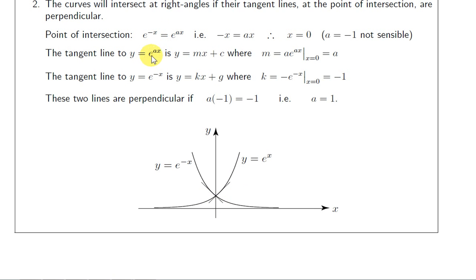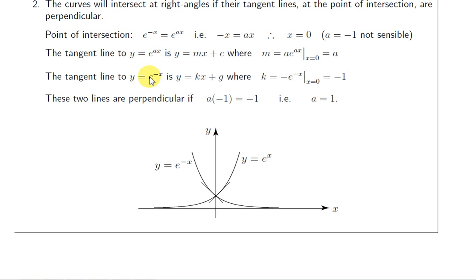To do that, we need to differentiate it. So we just use the chain rule. If we differentiate e to the power of something, we get e to something back, then multiply by the derivative of the power. So that gives us a, since a is a constant. So that's the slope of any tangent to the curve y equals e to the ax, and at x equals 0, the slope is a e to the power of 0, which is a.